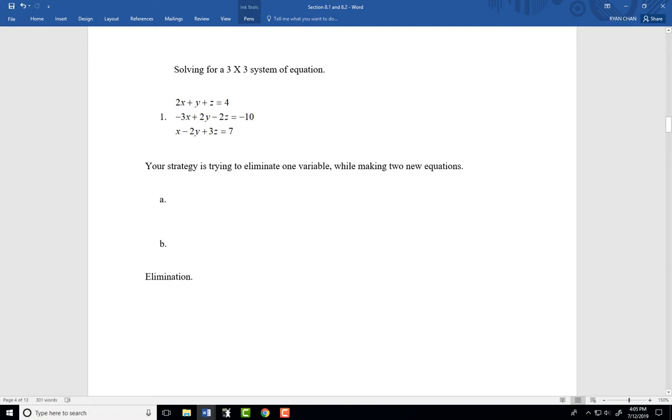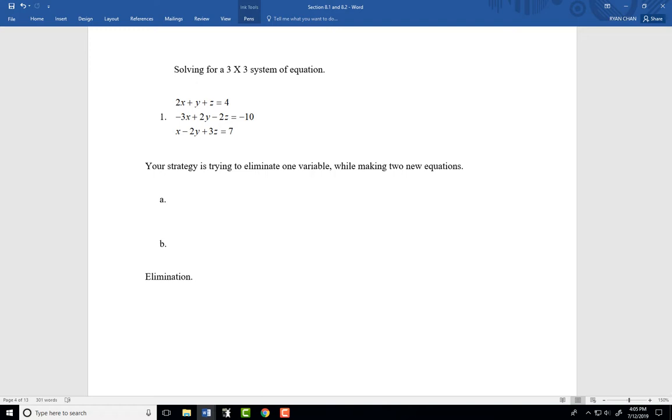Okay, so what I'm going to show you is the following here. Now the book and the PowerPoints may have you do two different ways. I'm just going to show you one way of how to solve a 3 by 3 system, because I think it's a lot easier than the other one. If you want to use substitution, by all means go for it, but I'm not a huge fan of it, because I feel like the steps can be a lot more complicated.